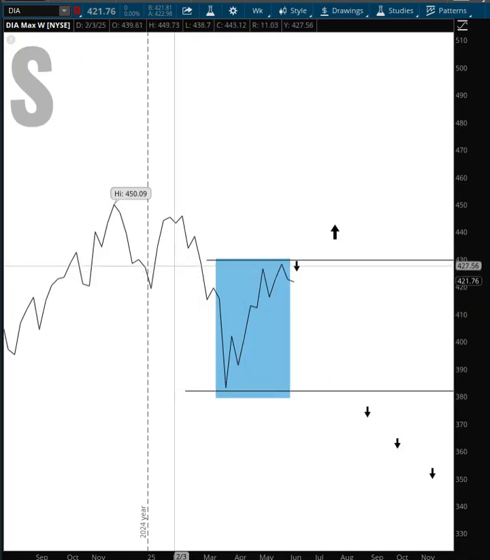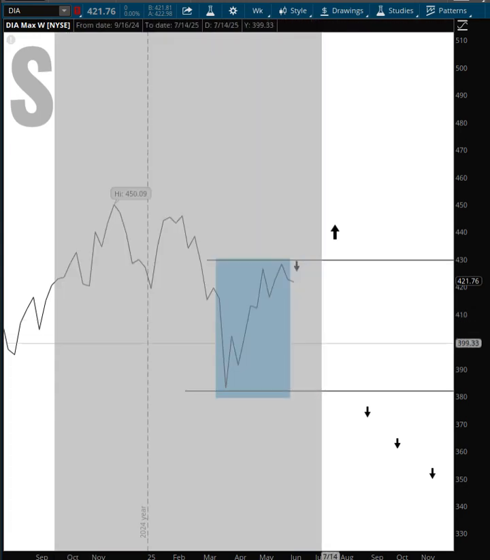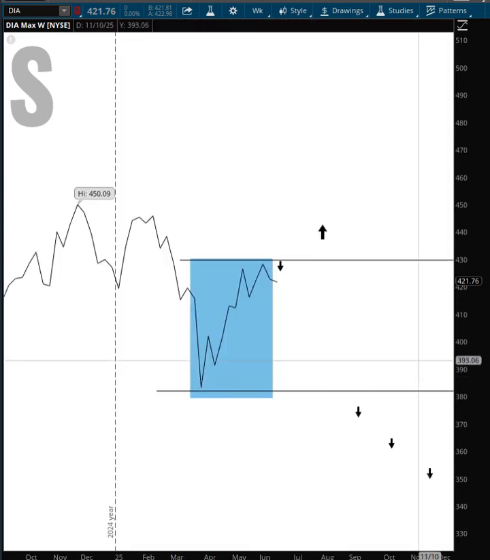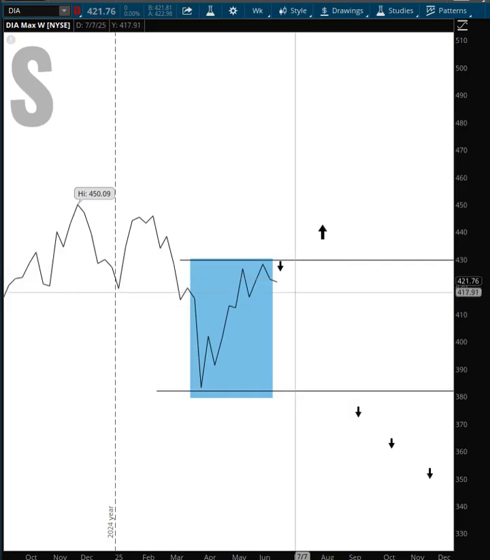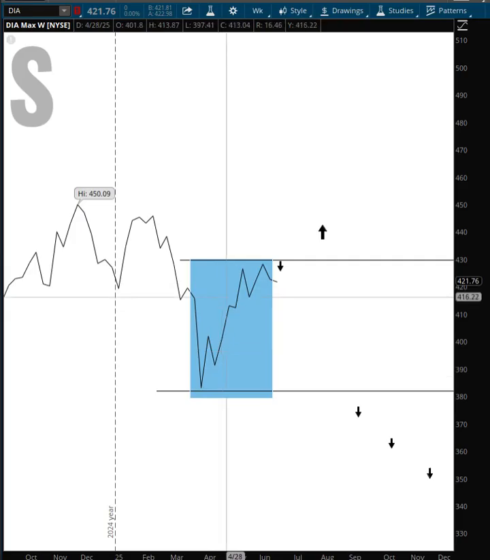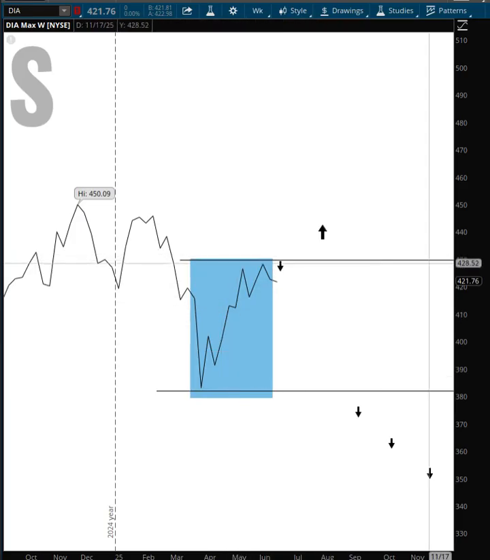The DIA is telling you that we have a swing here. I think I put it on Friday or Thursday, but we have a clear 1, 2, 3, 4, 5, 6, 7, that's the top.